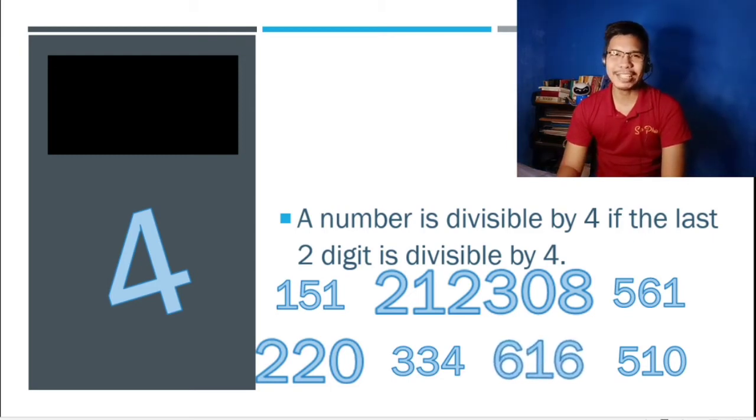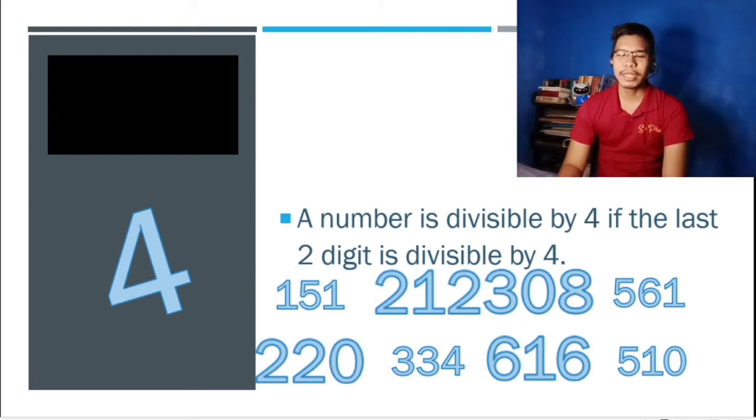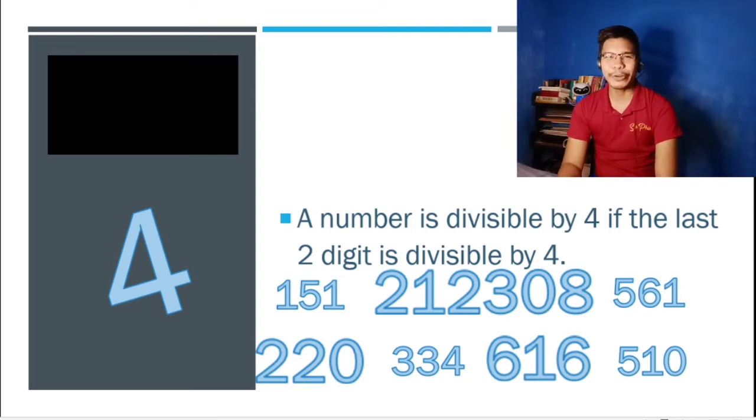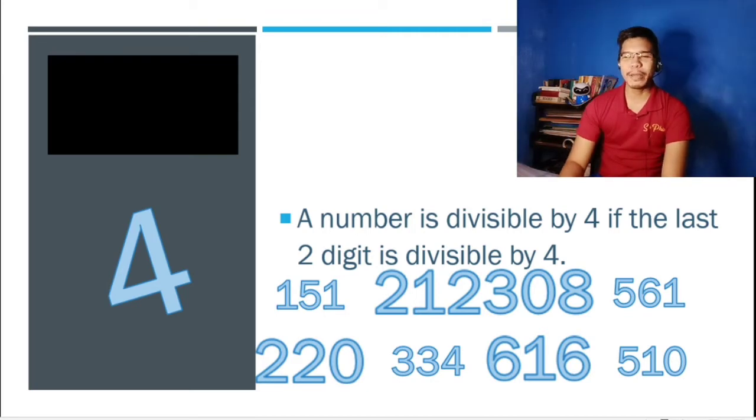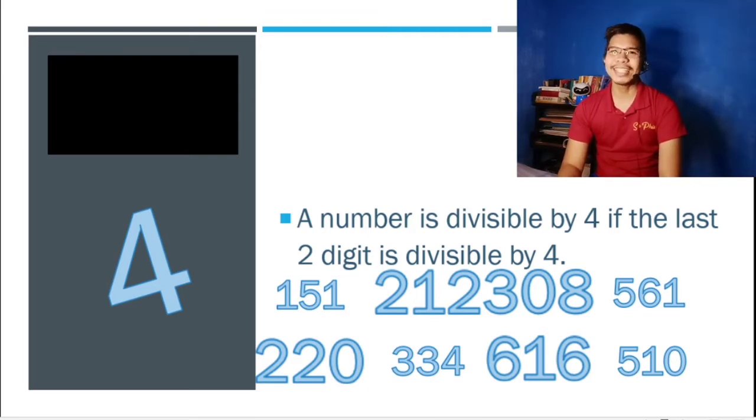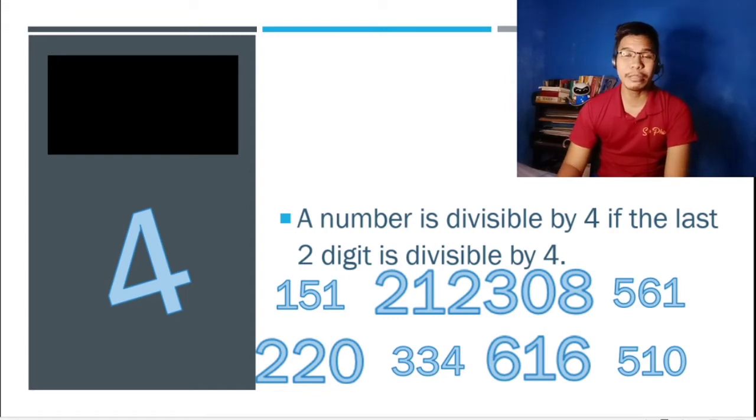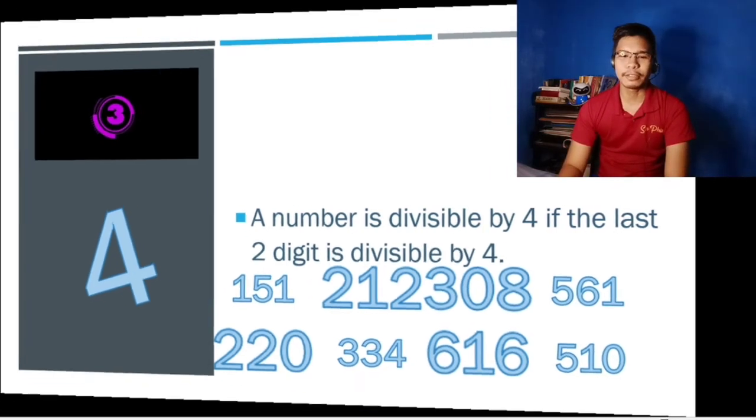Next is 616. Since 16, its last two digits, is divisible by 4, therefore 616 is divisible by 4. So a number is divisible by 4 if the last two digits are divisible by 4. And that is the rule for the divisibility of 4.